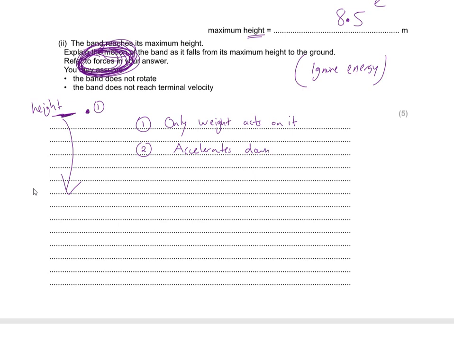Now, weight is pointing down, so therefore it's going to accelerate down. Now, why does it accelerate down? Because since there's only weight on it, the resultant force is down.